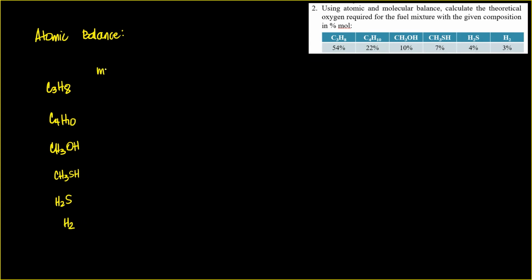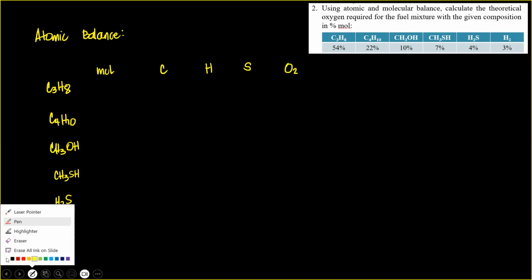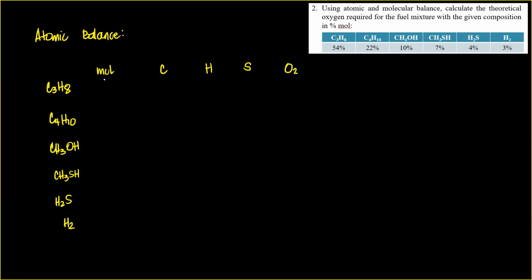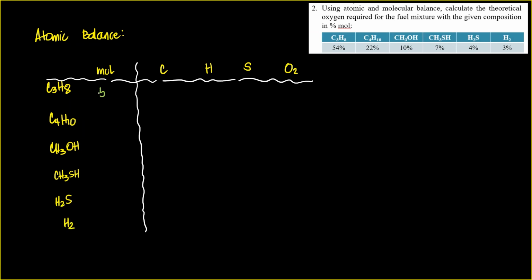So let's write here the number of moles of each component, number of carbon, number of hydrogen, number of sulfur, and O2 present. Okay, guys, here, this is 54, 22, 10, 7, 4, 3.